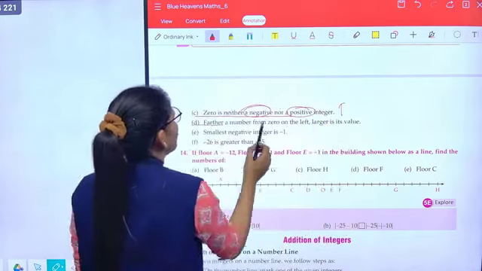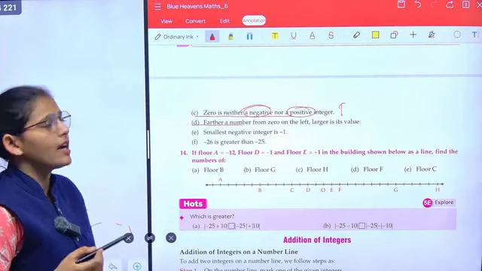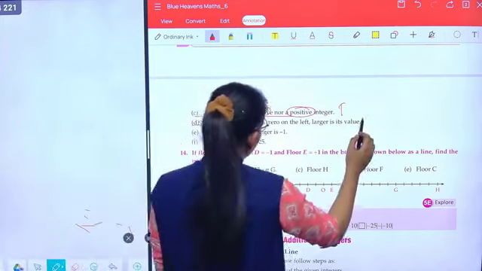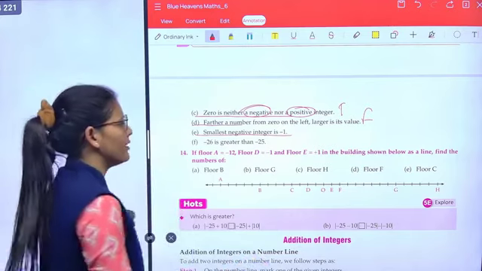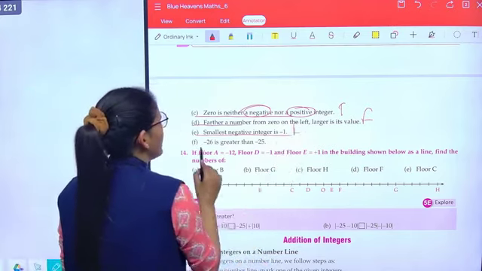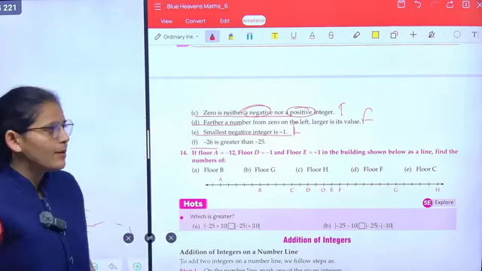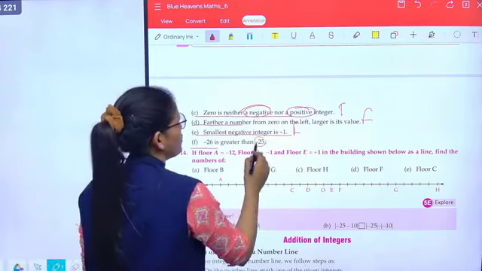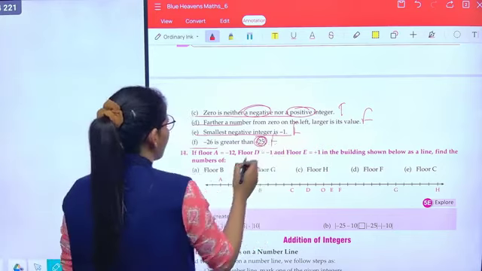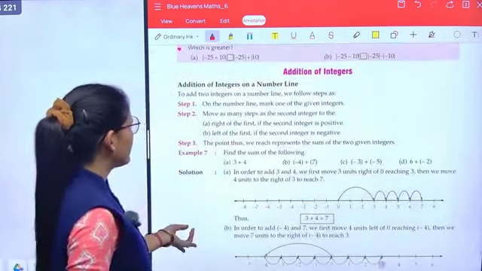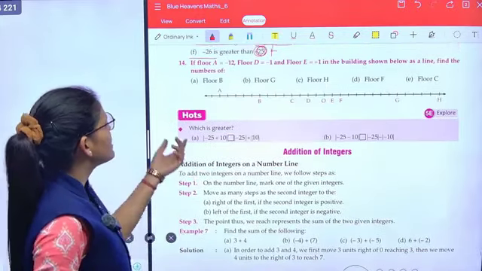Now farther a number from 0 to the left, larger is its value. No class, it is false. Smallest negative integer is -1. False. Minus 26 greater than minus 25? No. Minus 25 is greater than minus 26. So it is false. Now class, come on. Rest of the question do yourself.